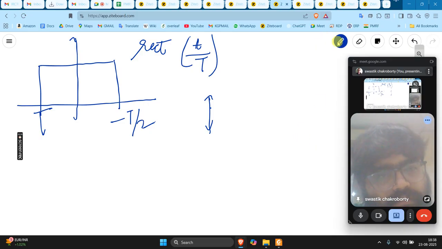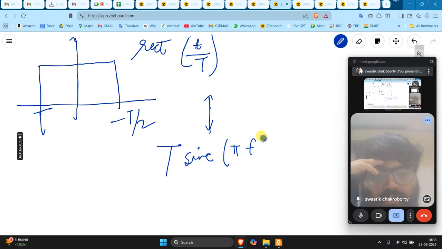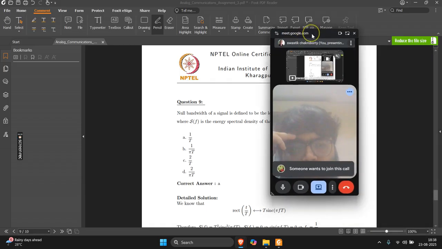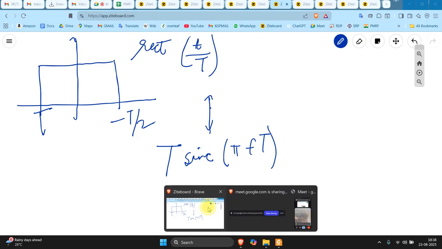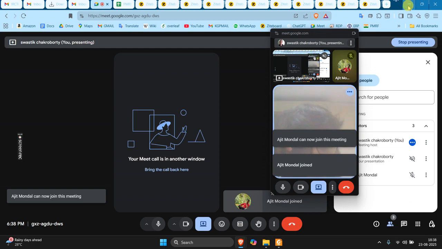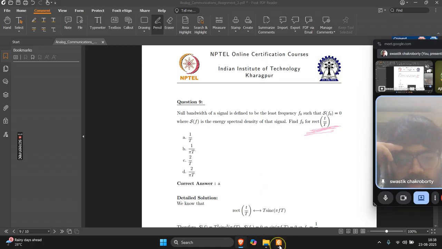So the ESD of this signal, this is a rectangular function, so the ESD of this signal turns out to be sinc, because it is the Fourier transform here. So it turns out to be T sinc pi f t.